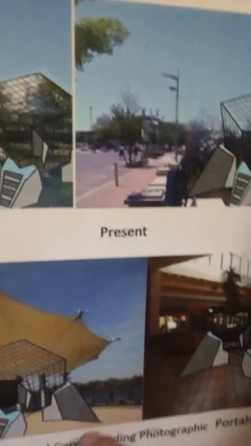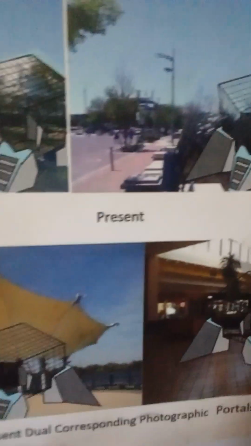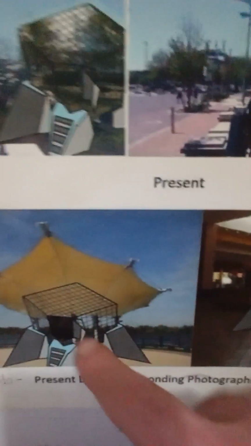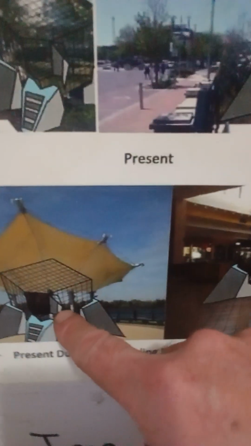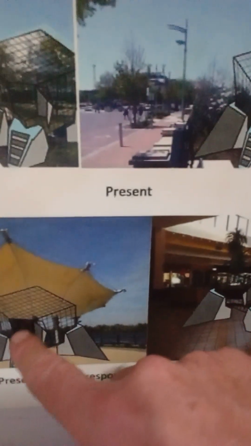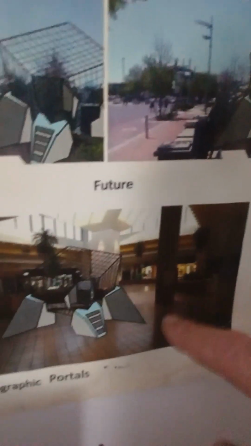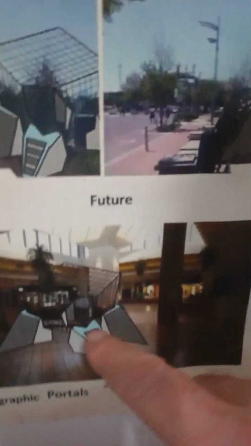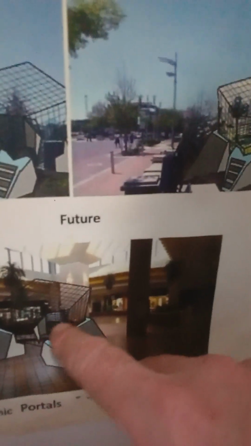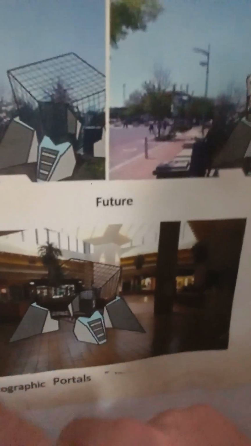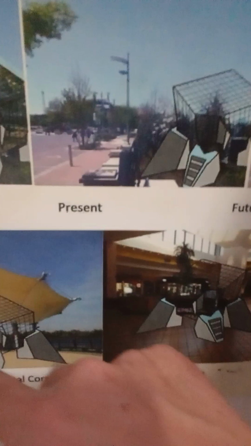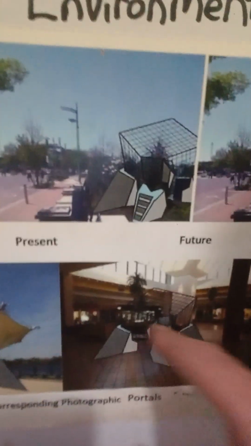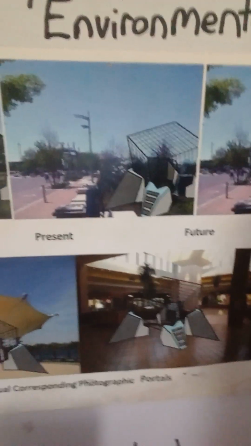But the full capacity of a photographic portal would be its pseudo dual corresponding, present dual corresponding photographic portals, where you have one portal having the interior environment of the other's outside environment, since invisibility and holodecks are inversely related. And likewise, you'd have the interior holodeck of this portal pseudo corresponding to the outside environment of this portal, placed at different locations around the town.